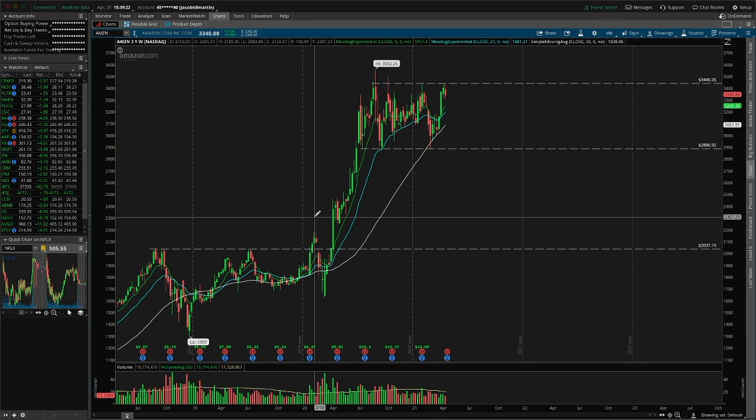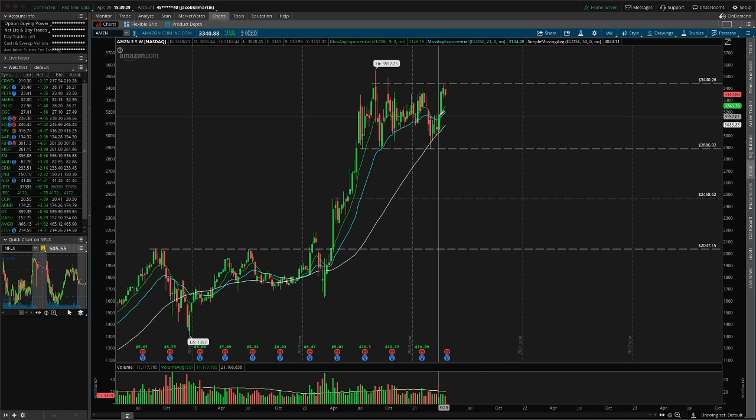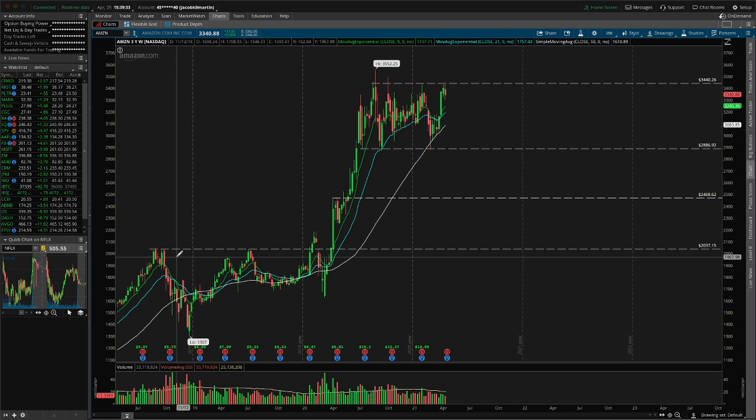And keep in mind, you really only have to chart this general area, because realistically, whatever's down here, you won't have to worry about this area for a while.